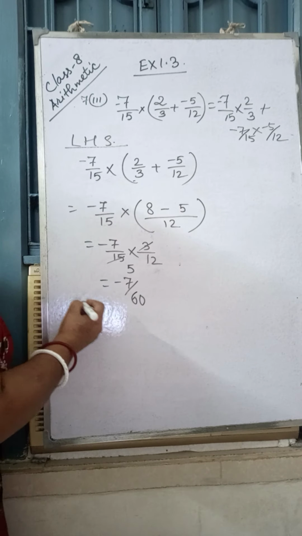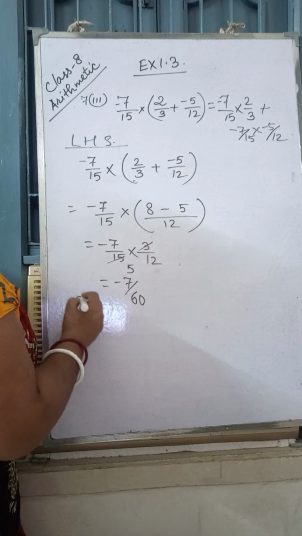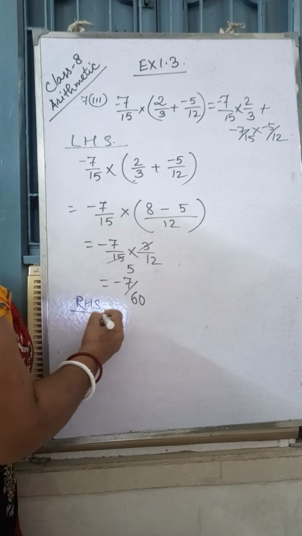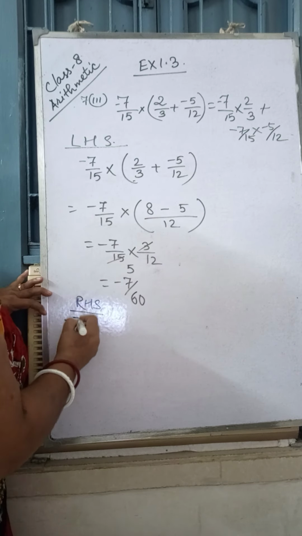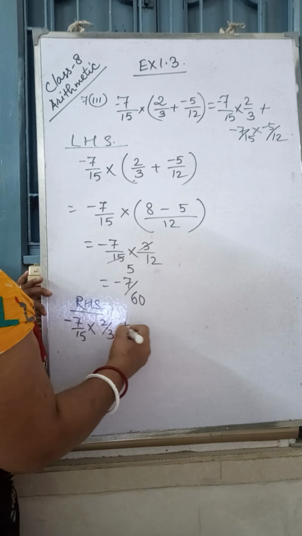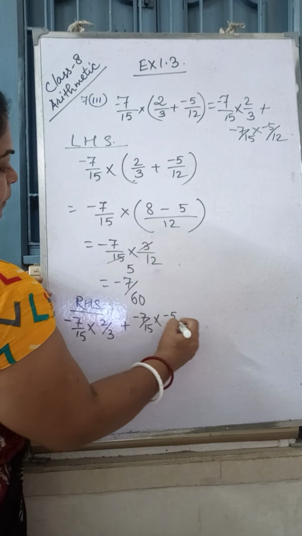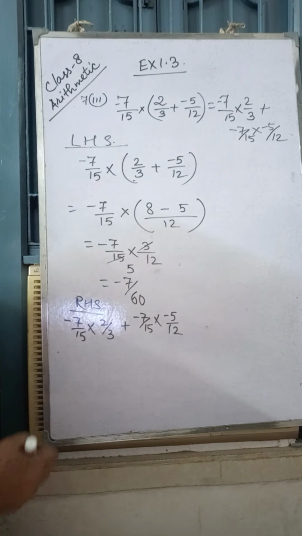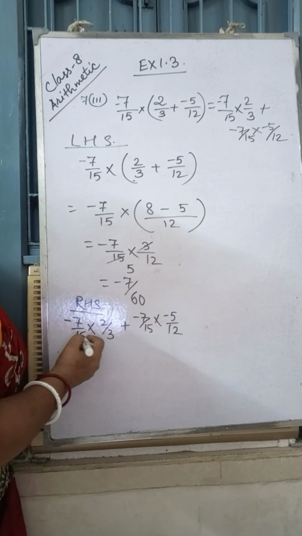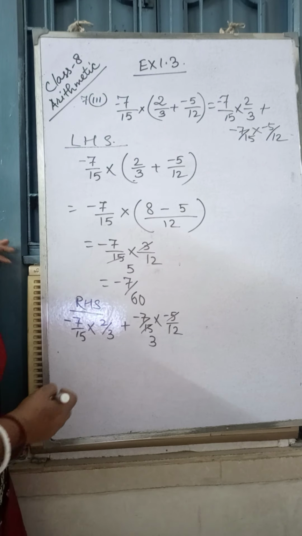Then we'll see the RHS. Okay, I'm writing here. Minus 7 by 15 into 2 by 3 plus minus 7 by 15 into minus 5 by 12. Here it is cancelling. 5 3s are 15, no more.